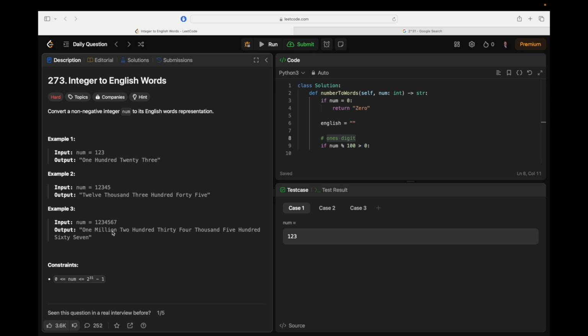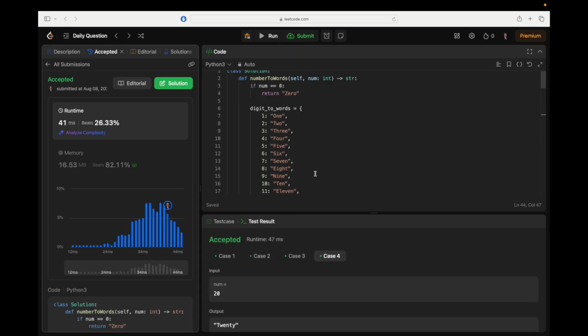Okay, so 1 million. So I'm thinking like handling it in groups of threes. Okay, I'm gonna save you some time. I'm gonna work on this in silence and pause this, and I'll come back if I've started to figure something out.